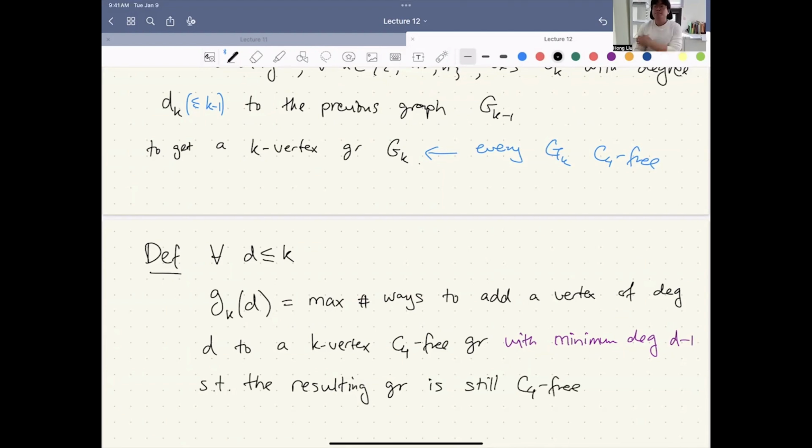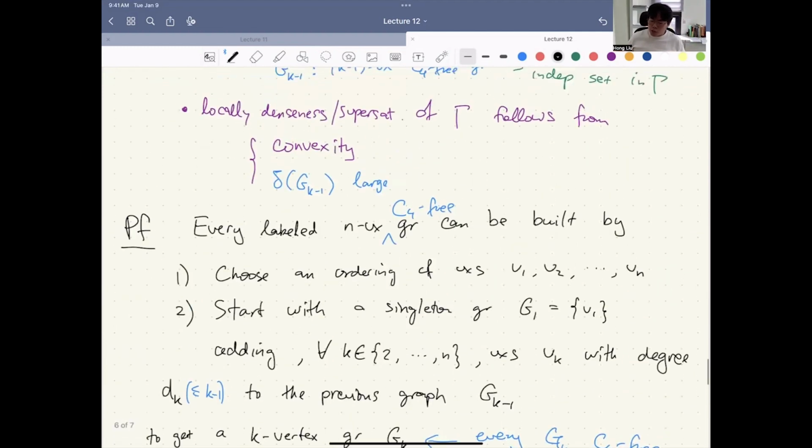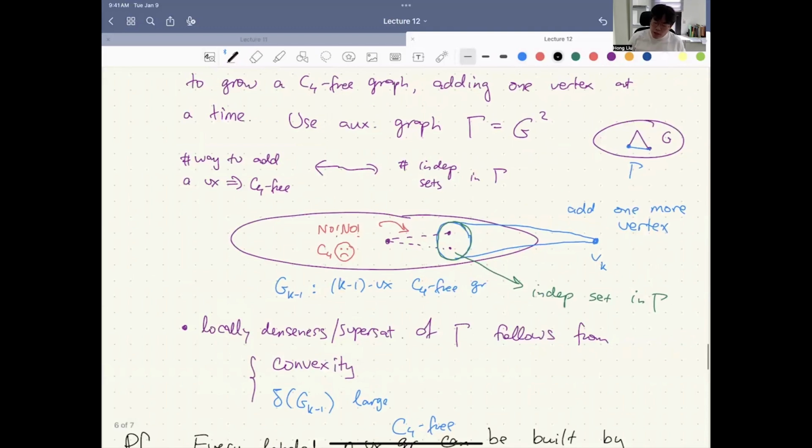Let me explain what this part is about. This g_k(d) is basically the main function we care about. It's the number of ways to add a vertex to extend to another C4-free graph.